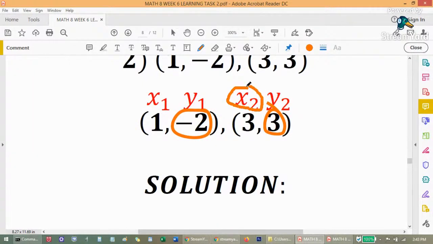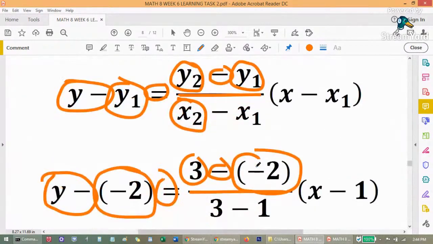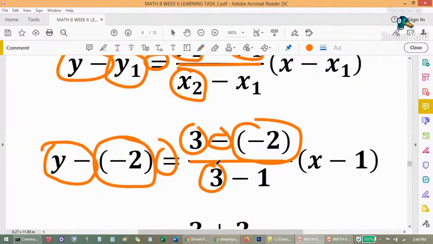Okay, this is x sub 2. Our x sub 2 is 3. So we put 3 here.